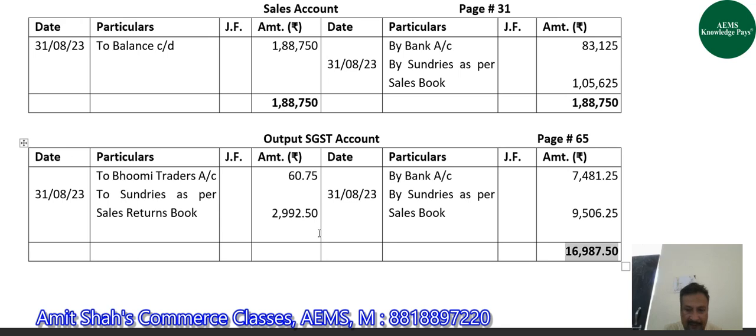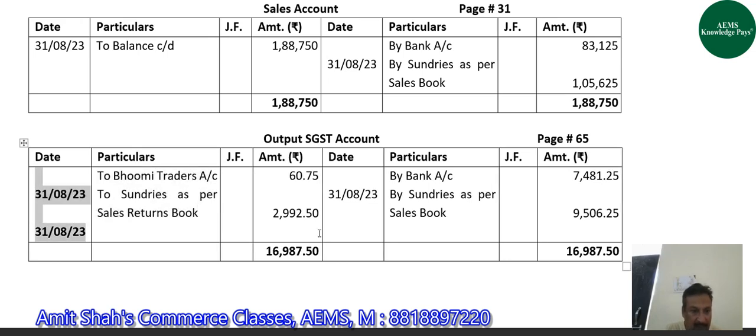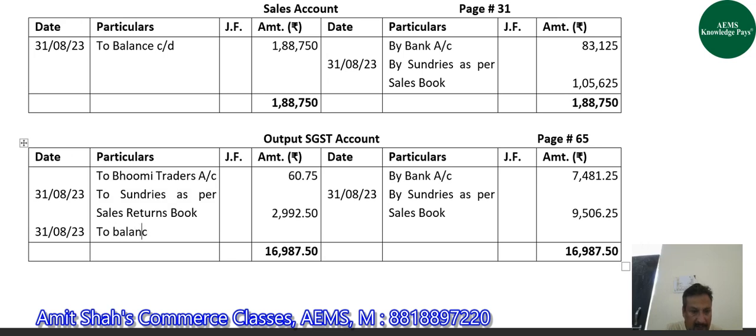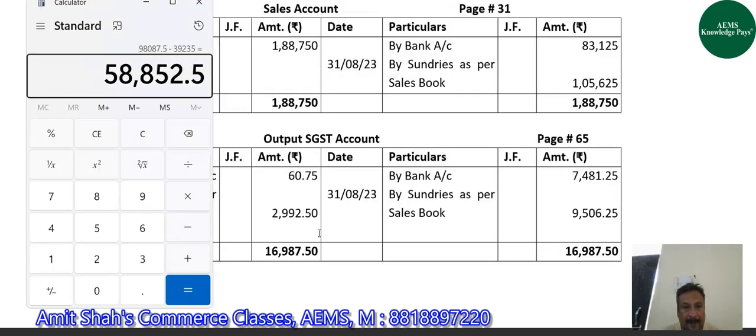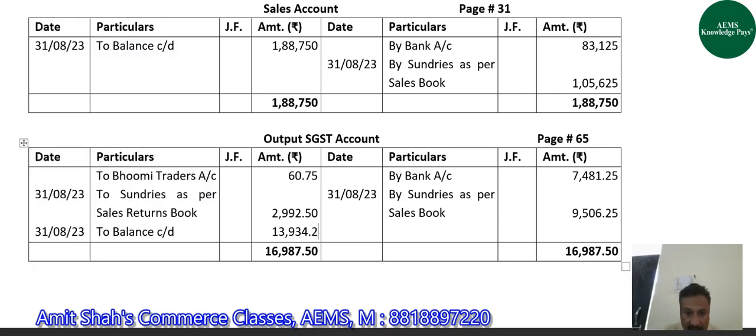The total of the credit side is 16,987.5. So 16,987.5 minus 60.75 minus 2,992.5 is 13,934.25, which is the trade balance of output SGST account.